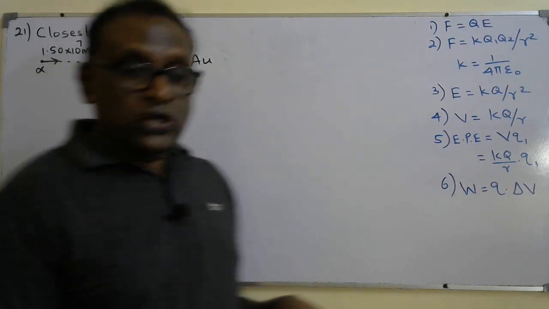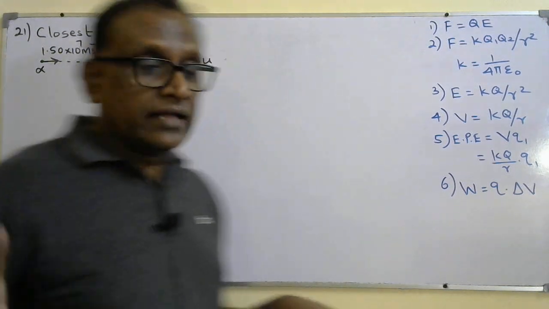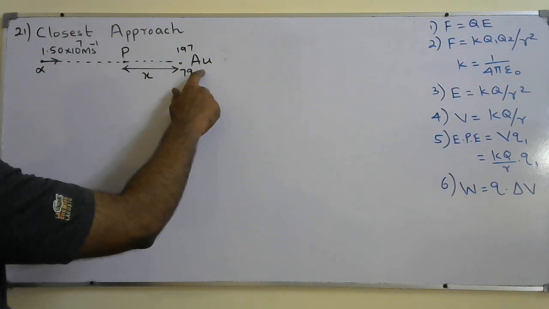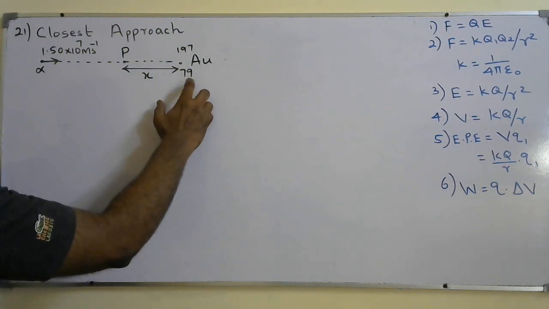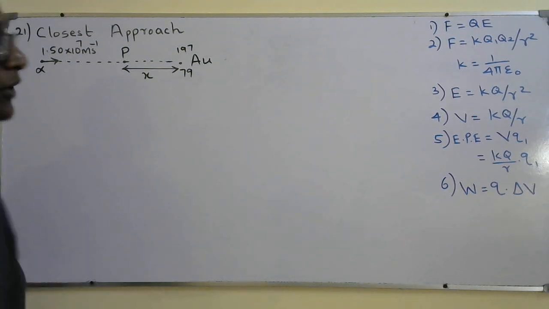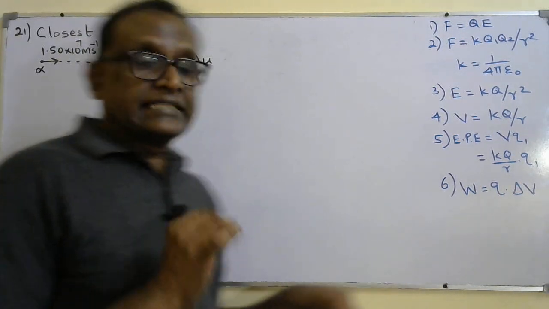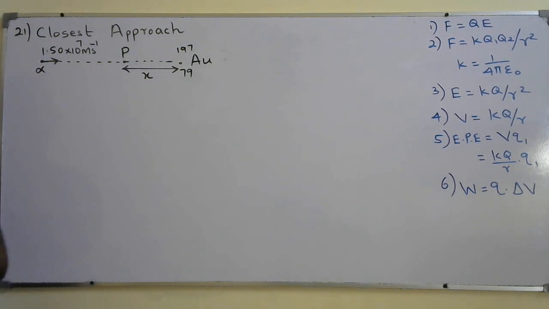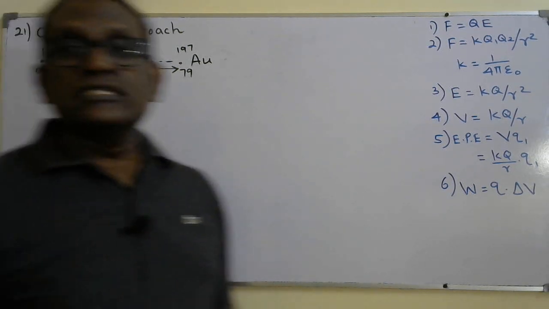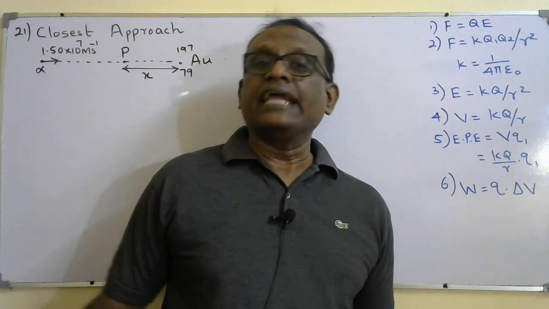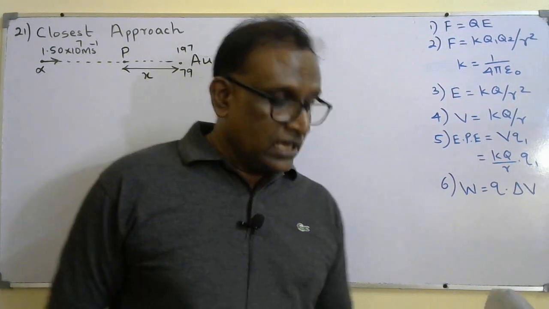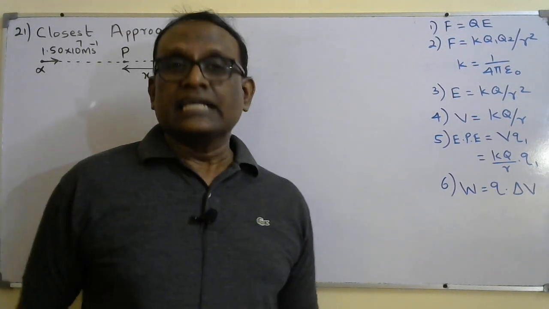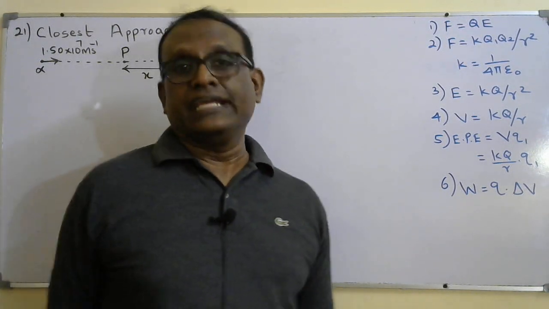Okay, so we know initially the alpha particle is at a far distance, where the electric potential of the gold nucleus, which consists of 79 protons, is 0. The charge of the gold nucleus is 79 × 1.6 × 10^-19 coulomb. So when the alpha particle moves from the initial point to point P, it's losing kinetic energy and gaining electrical potential energy, or doing work against the electric field.